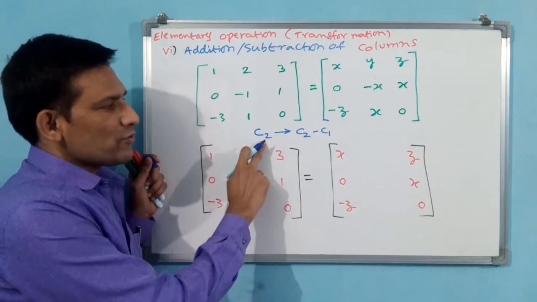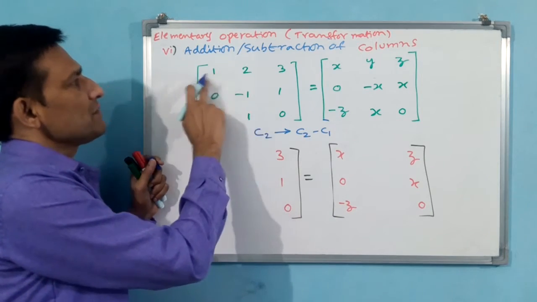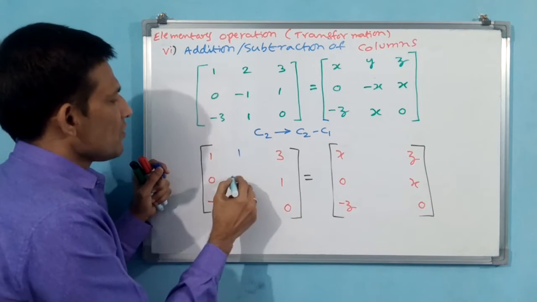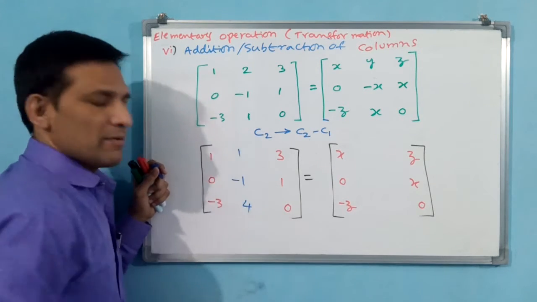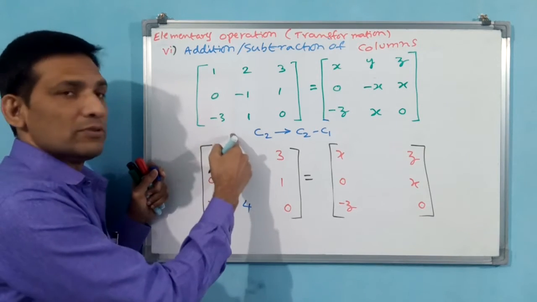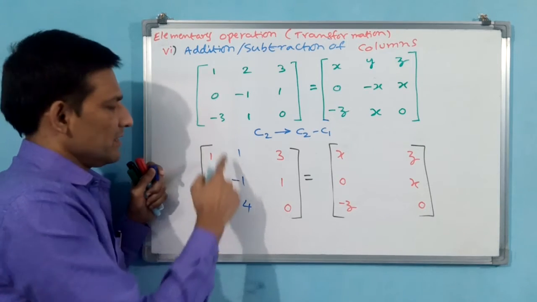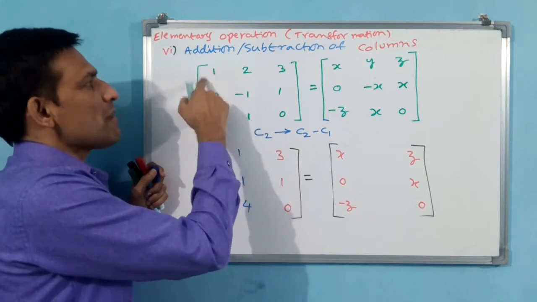What change are you going to do in C2? C2 minus C1. 2 minus 1, 1. Minus 1 minus 0, minus 1. 1 minus of minus 3, 1 plus 3, 4. Do you understand? Yes. Like this you have to do.